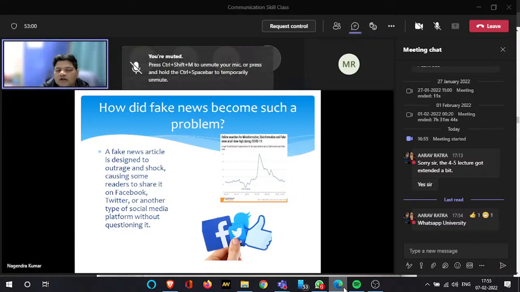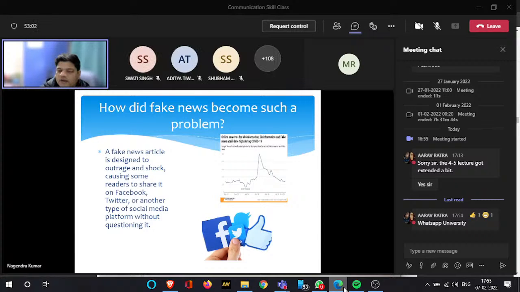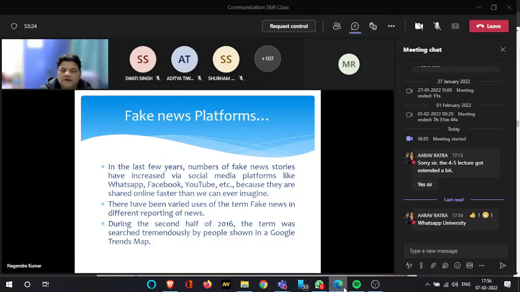And although fake news has always been one of the biggest menaces in the internet world, of late, in the last 2 years, this has assumed such proportions that we really need to tackle this problem now.